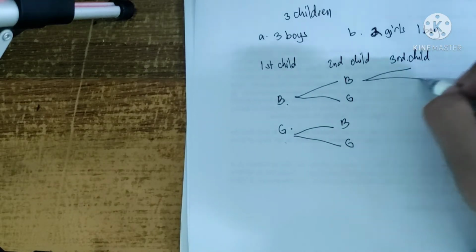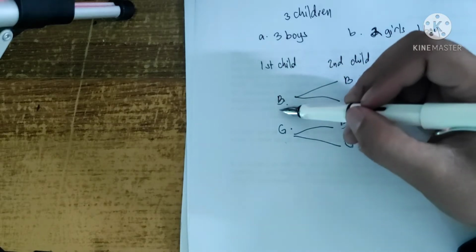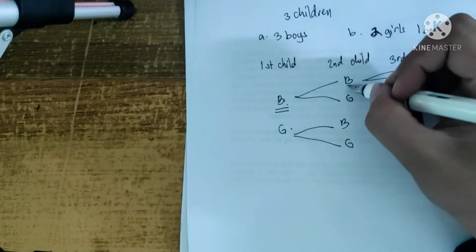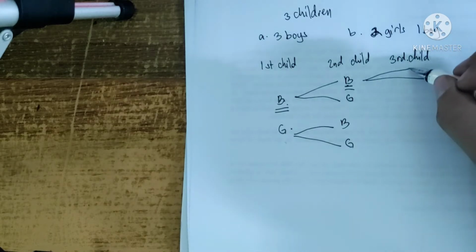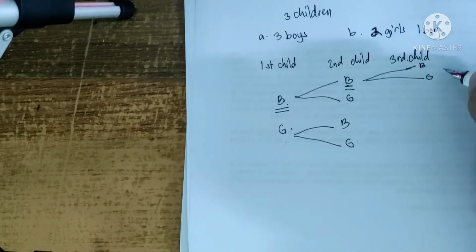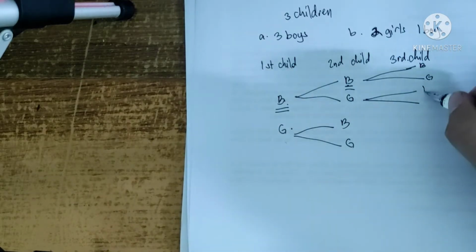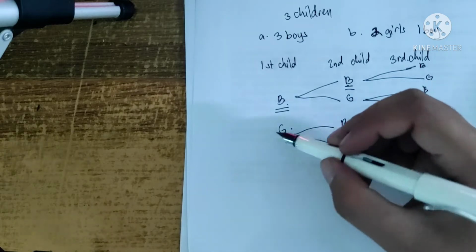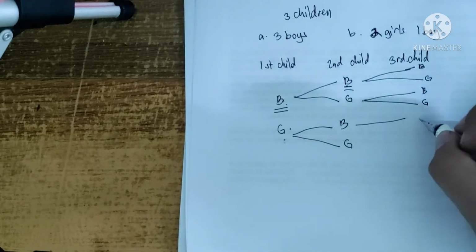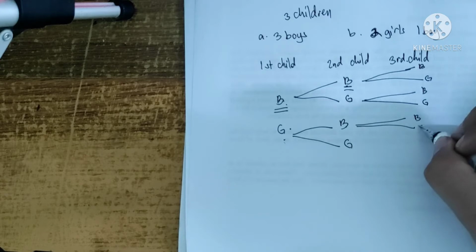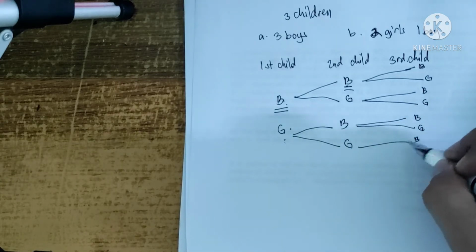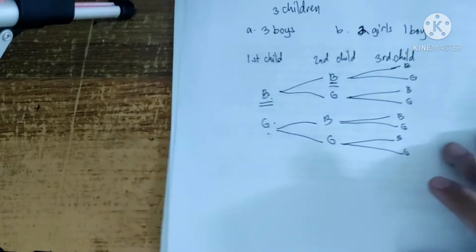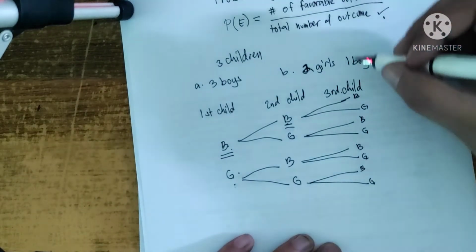Next, sa third child, sa first child mo, boy. Sa second child mo, boy pa din. Now, sa third child, there's a possibility na yung anak ng family na yun is boy or girl. Same as true dito. Boy or girl. For girls, first child is girl, second child is boy. So, boy, girl pa rin ang possibility. Next, boy, girl. Okay. So, let us study the outcome.